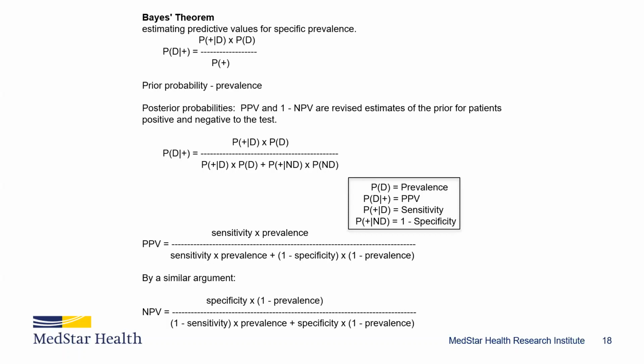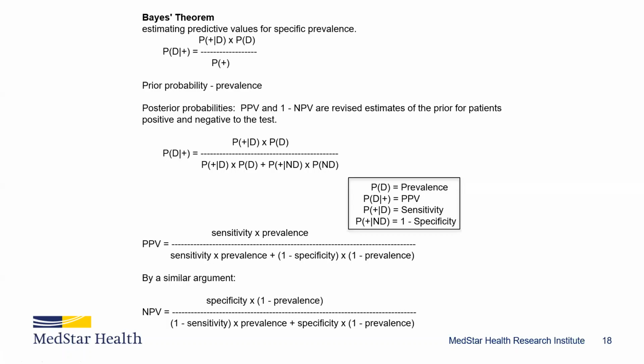And so here we would have the probability of disease given a positive test, which is the positive predictive value. And that's equal to the probability of a positive test given that you have the disease times the prevalence, divided by the probability of a positive test.